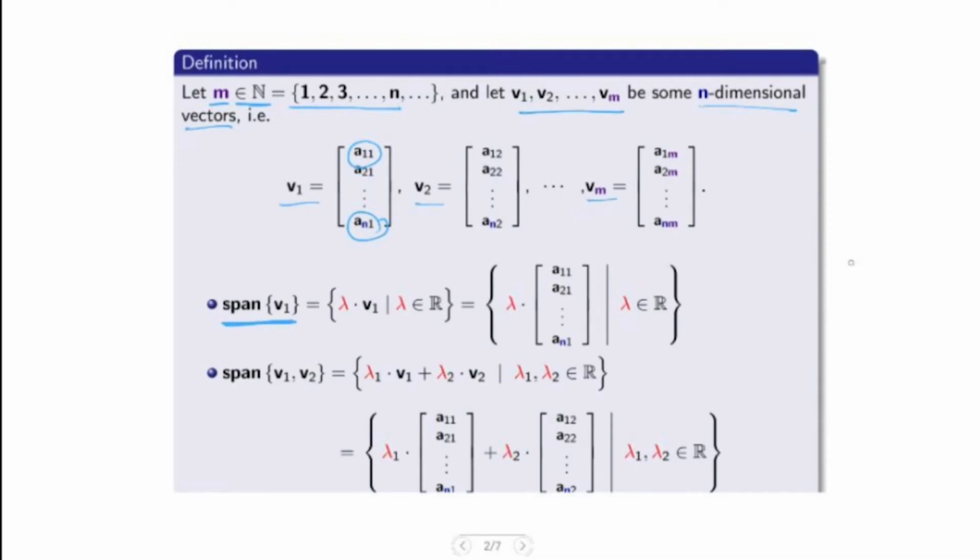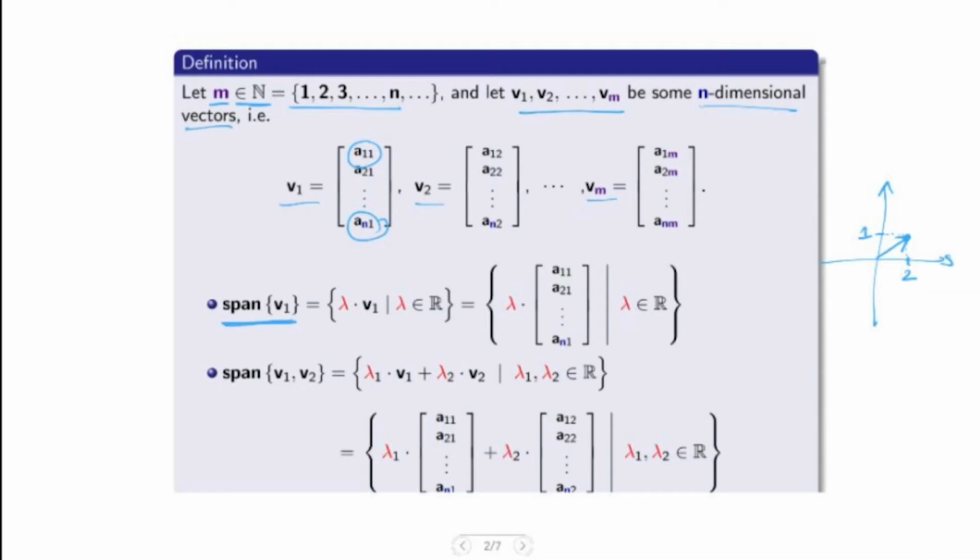That means that if you have a vector, let's say 2, 1, here, let's say this is our point. That's the vector we have, v1.